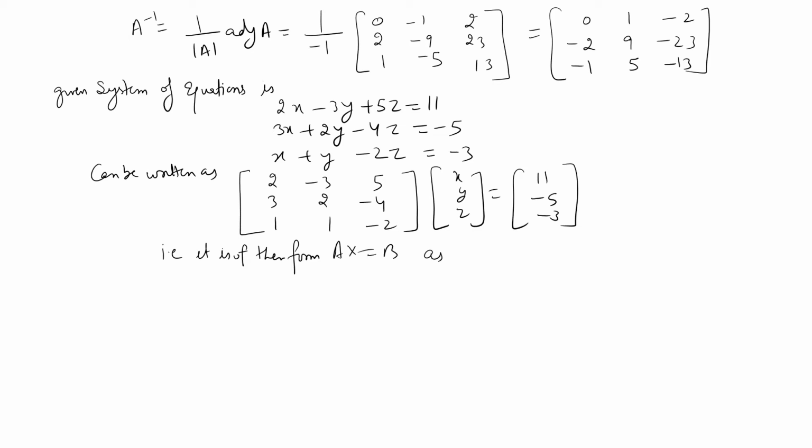Now, as we know, for this matrix A we already calculated the determinant, and determinant A is not equal to 0. That means the given system is consistent and has a unique solution.